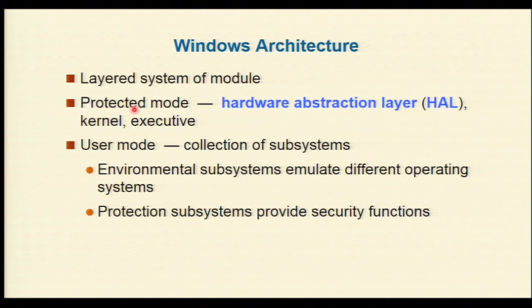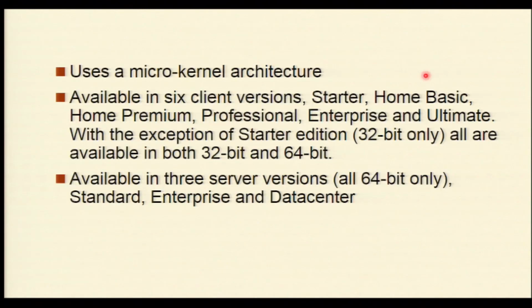We talk about a nice design which gives us the flexibility of having so many flavors of Windows, that is a client version, a starter version, a home basic version, a home premium, a professional, enterprise, and we have the ultimate. It suits your purse, it suits your system configuration, as long as the configuration is comfortable with the hardware abstraction layer, it is enough, the Windows will run.